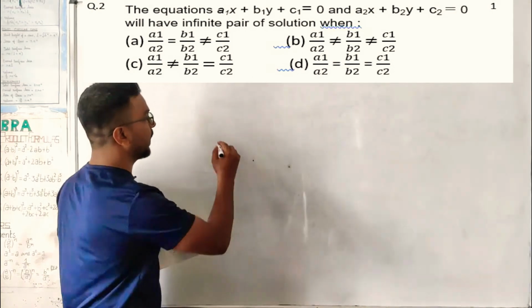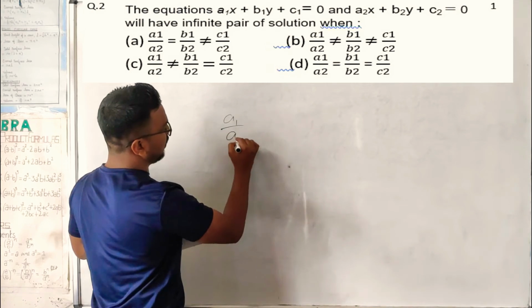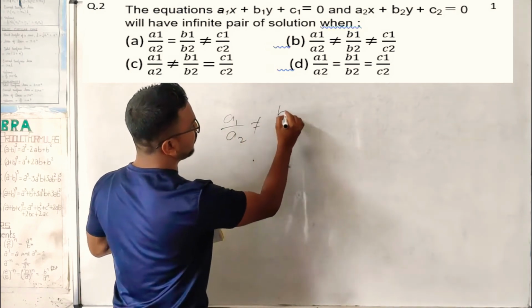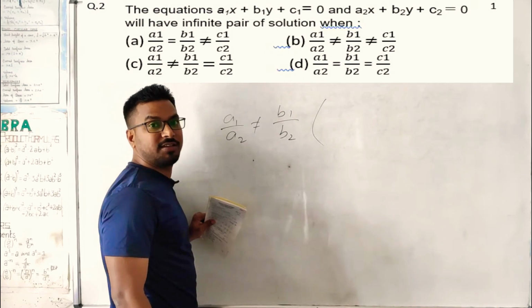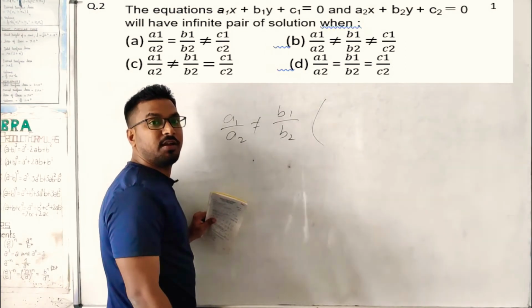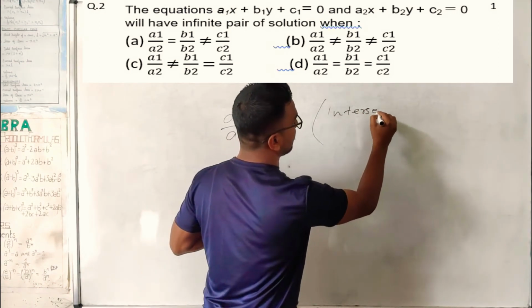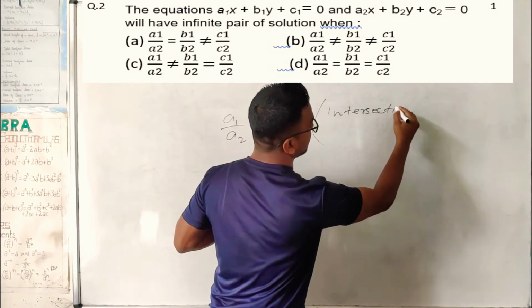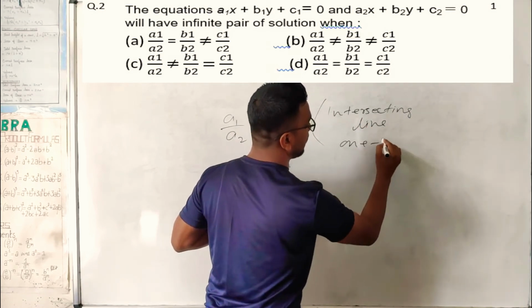As you know, if A1 by A2 is not equal to B1 by B2, it will be an intersecting pair of lines, so the lines will intersect each other, and it will have only one solution.